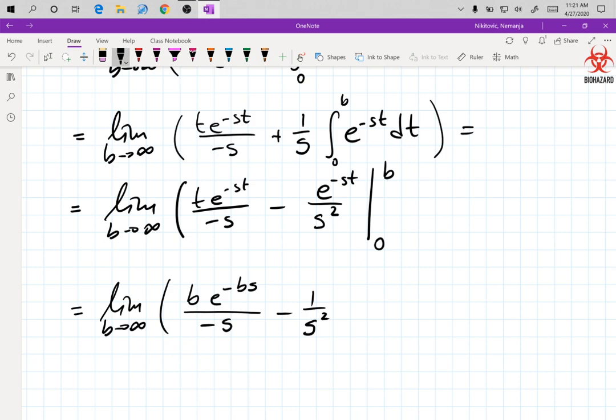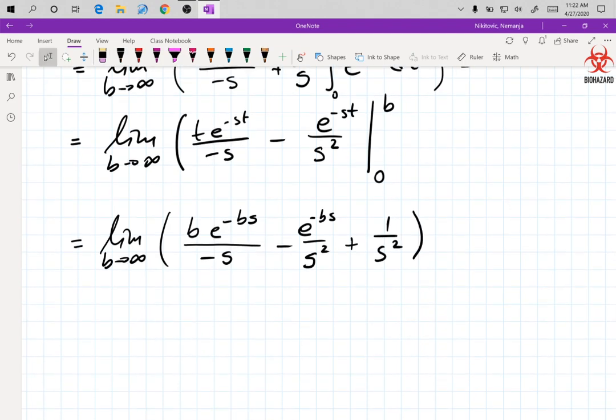That's from 0. No, wait, this is a b. This is e to the negative bs. It should be sb, but whatever. Now we plug in 0. 0 will kill this term, and then make this one into minus, and minus will give us a plus 1 over s squared. There we go. I was concerned about that.